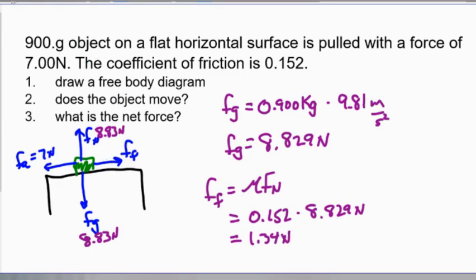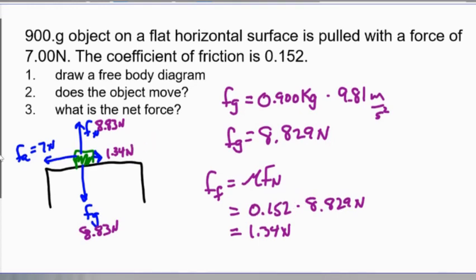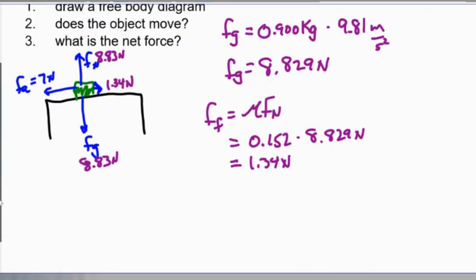Oh, I'm going to change the length of that arrow. It's just a little bit too long. If this is 7 and that's about 9, that looks pretty good. But this one's a little bit too long. I'm going to shorten that up. Okay, so our force of friction is there, and this is a force of 1.34 newtons. So there's my free body diagram completed.